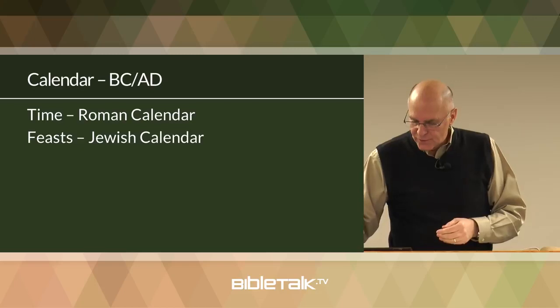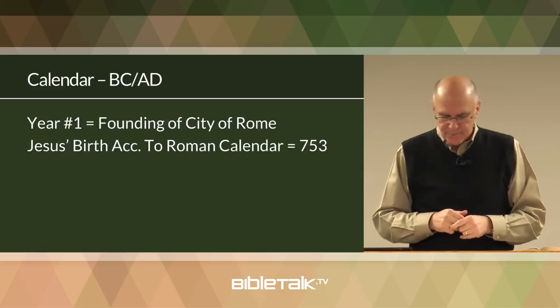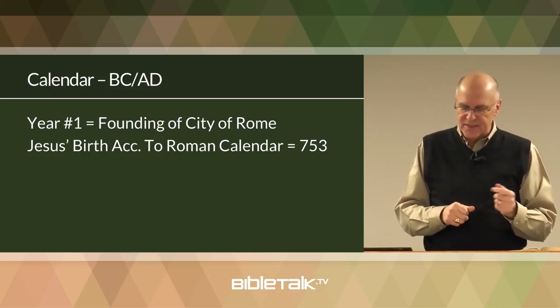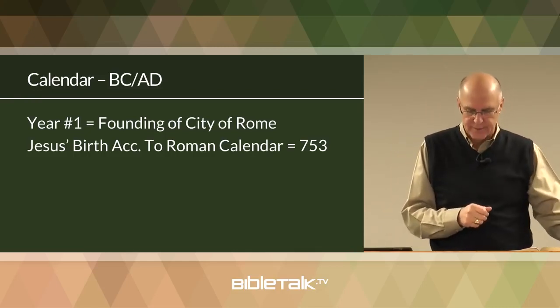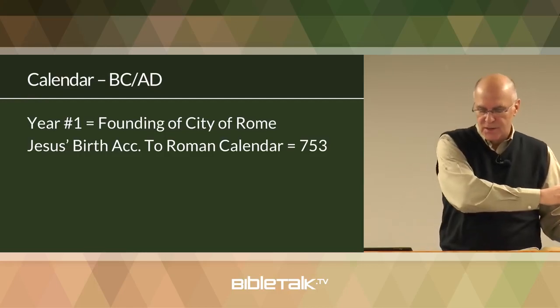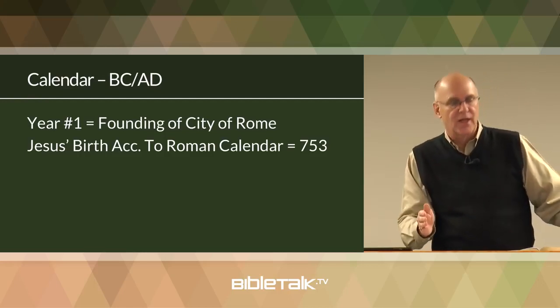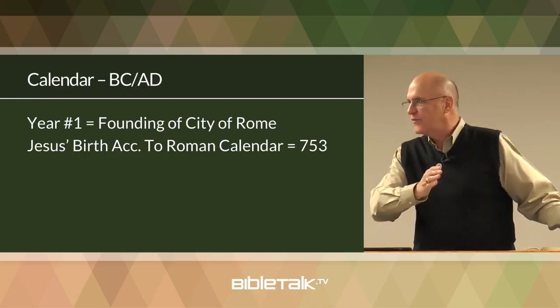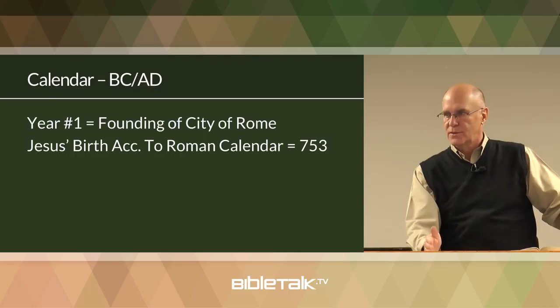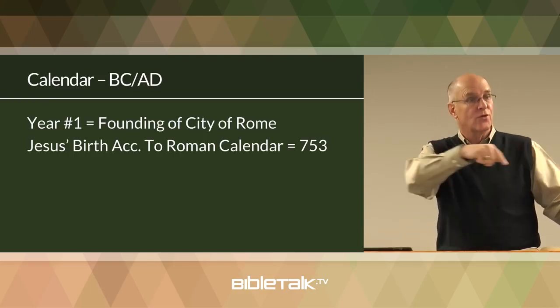The Roman calendar calculated the year by referring to the founding of the city of Rome as year number 1. And so when Jesus arrived, it was year 753. It was 753 years after the founding of Rome. That was when Jesus was born, according to the Roman calendar.